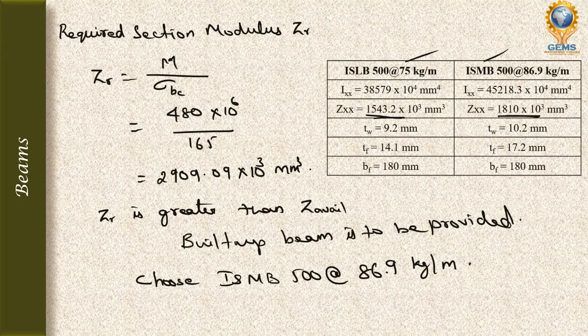So we are choosing this one. For this ISMB 500, IXX value is equal to 4521.83 into 10 to the power 4 mm to the power 4.